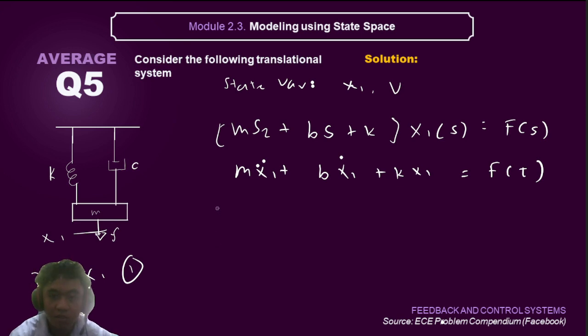And second equation, we're supposed to get the derivative of the state variables when writing the state equation. So we need to find x1 dot and v dot. But x1 dot is also equal to v, since the derivative of the displacement is equal to velocity, and since x1 is displacement, its derivative would naturally be its velocity, and this will become acceleration.